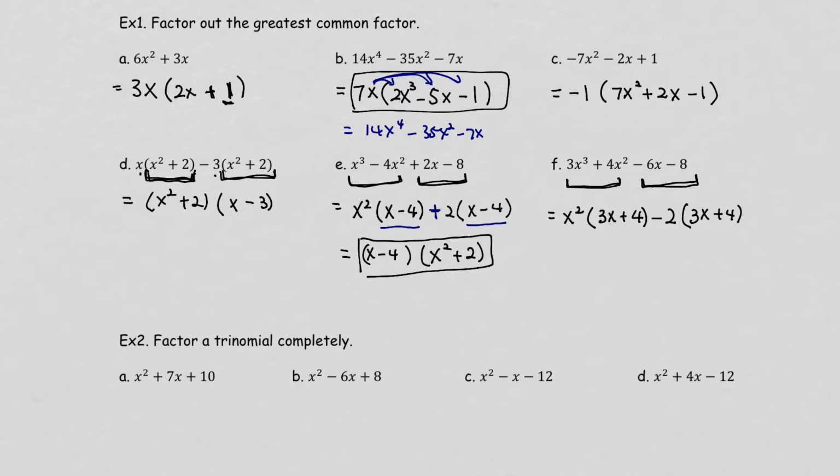So that this is going to be common, right? We're trying to create a common factor. Now you could factor out the greatest common factor. Then you have x squared minus 2 remaining.